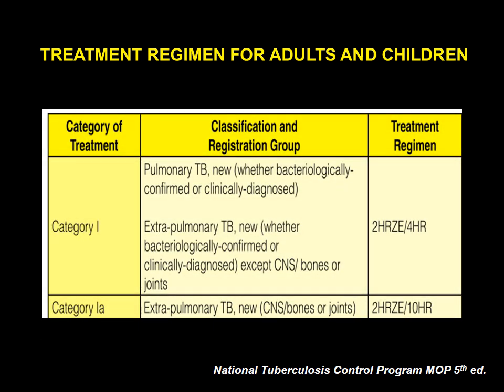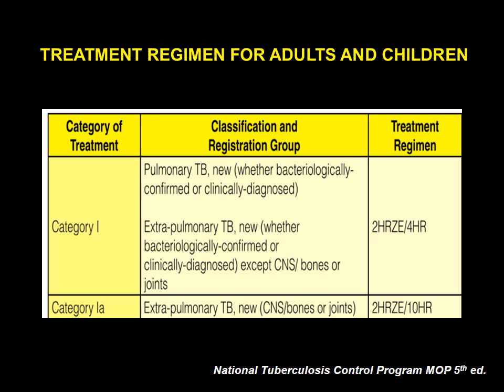Anti-TB treatment regimen shall be based on anatomical site and bacteriologic status, including drug resistance and history of previous treatment. Category 1, for bacteriologically confirmed or clinically confirmed new cases of pulmonary and extrapulmonary TB cases, 2 months of isoniazid, rifampicin, pyrazinamide, and ethambutol, followed by 4 months of isoniazid and rifampicin.